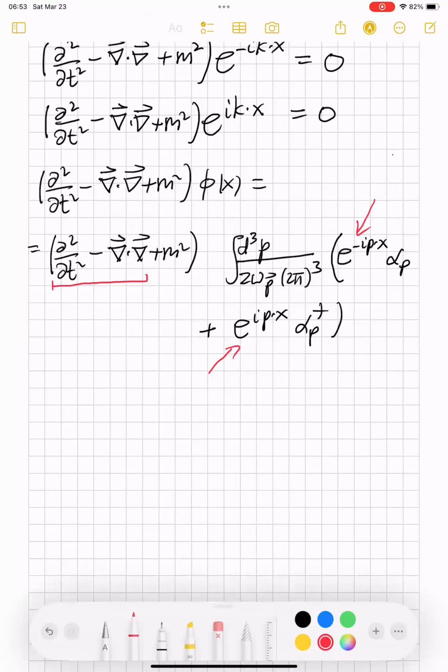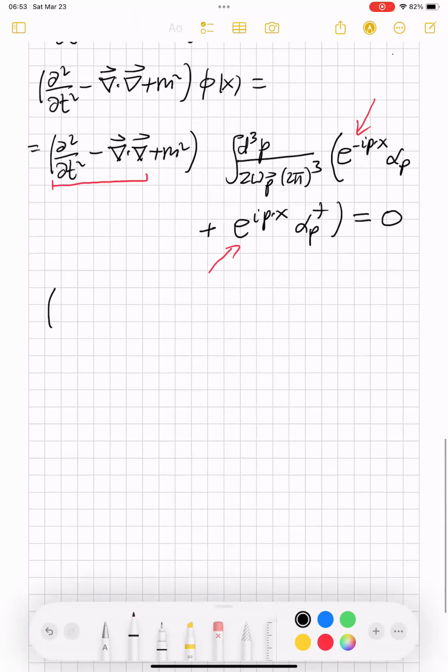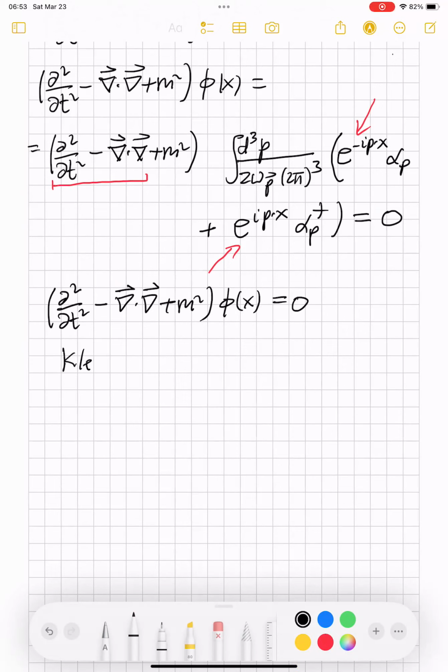So you can take this differential operator plus m squared through, have it acting on the two exponentials, and that ends up giving you 0. So what we've learned is our field does indeed obey the field equation. This is the field equation it obeys, and this is called the Klein-Gordon equation.